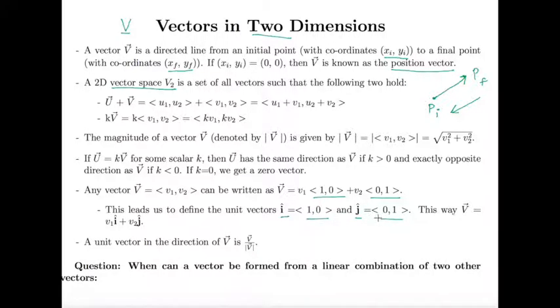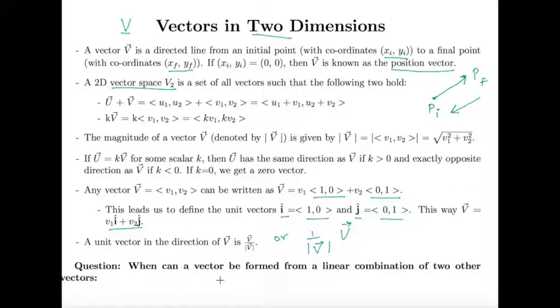This is a very standard practice. So any vector can also be written in this form. And the unit vector in the direction of v is v divided by the magnitude of v. So if we multiply the vector by the scalar 1 over the magnitude of v, then we get the unit vector in that direction.